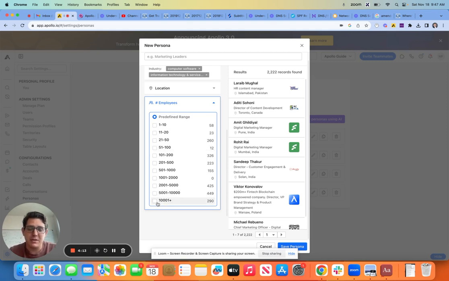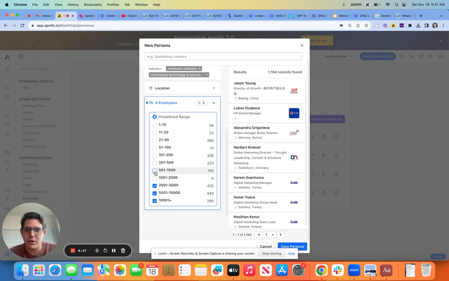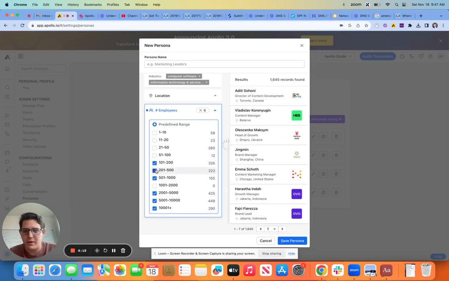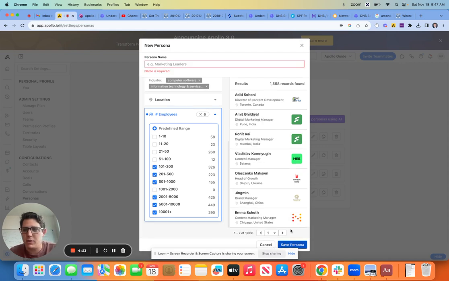Okay, since this is global though, let's just think through it, right? We want the big companies because they have a bigger global reach, hypothetically. So we can go ahead and save that persona, right? And once we do that, now marketing leaders, and we're going to say 100 to 10K plus, and we didn't do location.